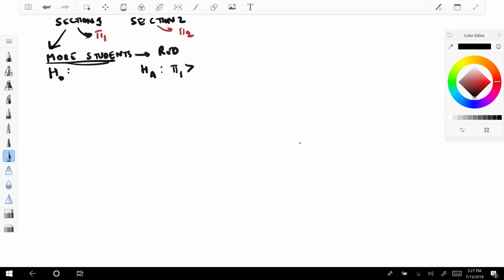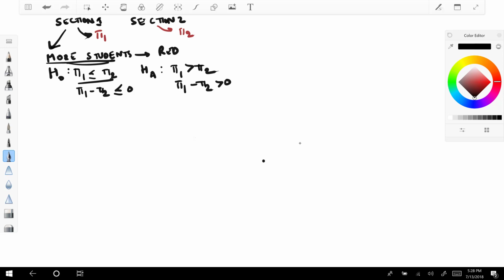That would be my alternative. So my null hypothesis would be pi1 should be less than or equal to pi2. So what it means is I can convert this into difference. Pi1 minus pi2 less than or equal to 0, and this alternative would be pi1 minus pi2 greater than 0.